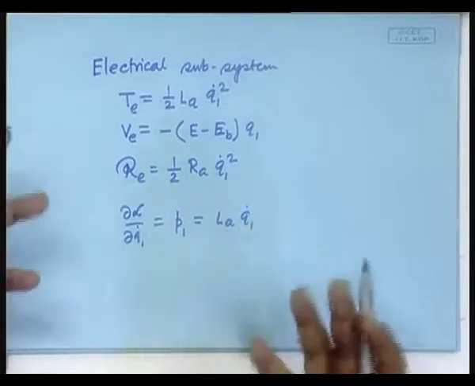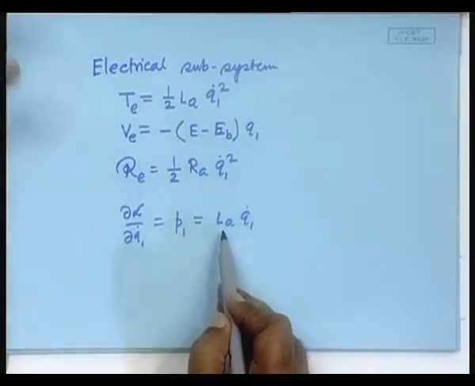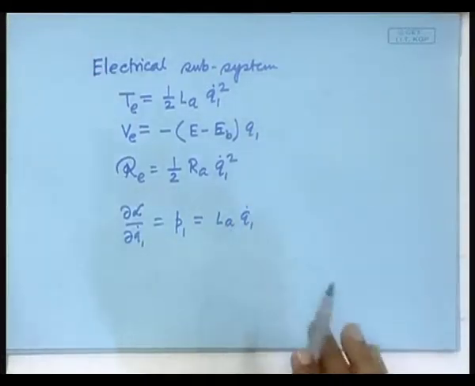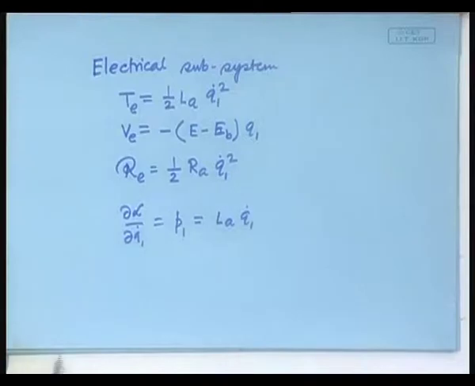So, this is nothing but the momentum. You can see LA is equivalent to the mass, Q1 dot is equivalent to the velocity. So, it is the electrical momentum.